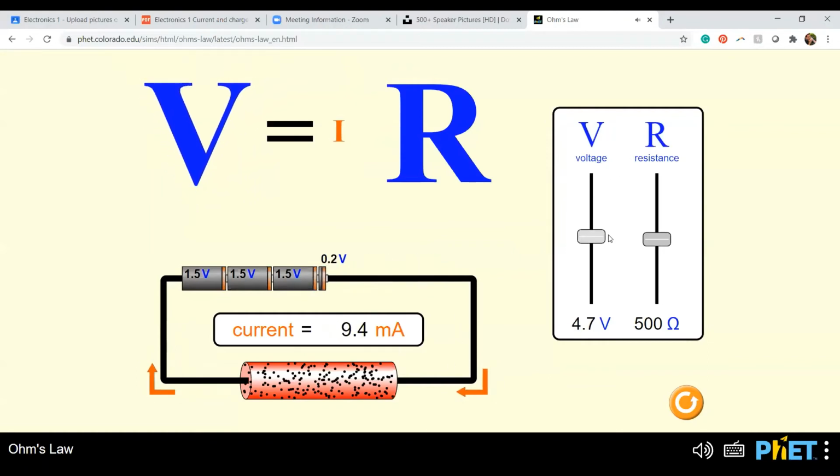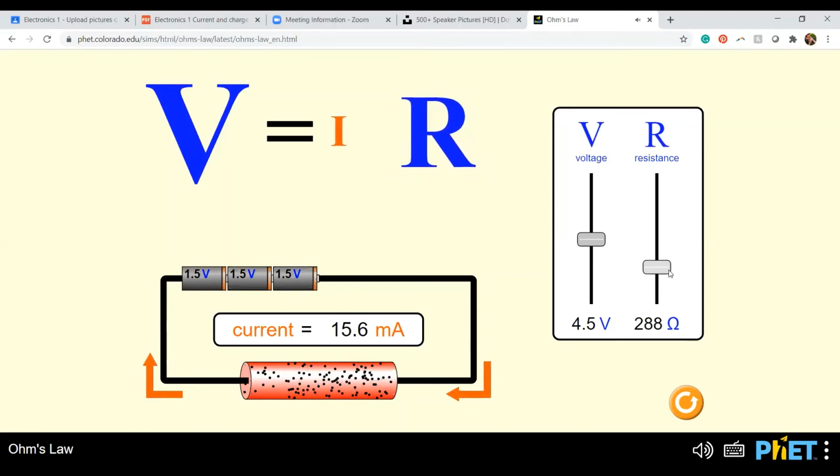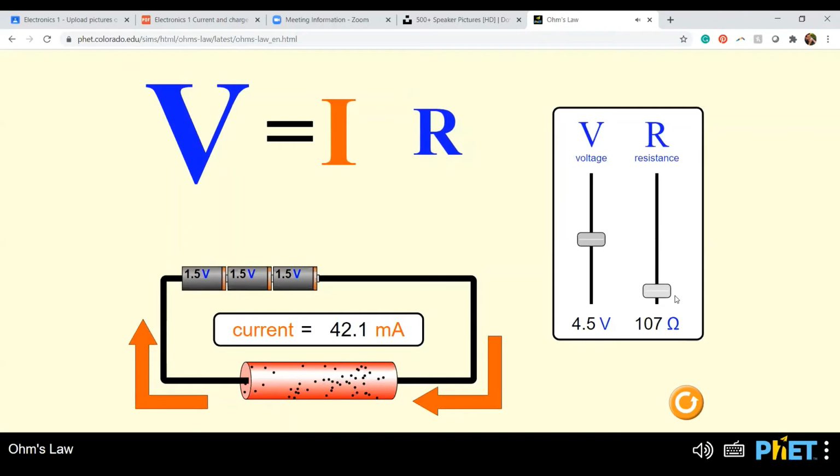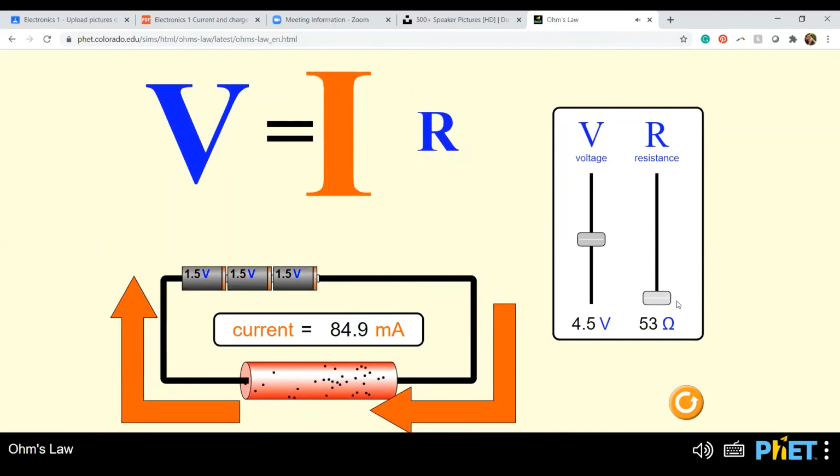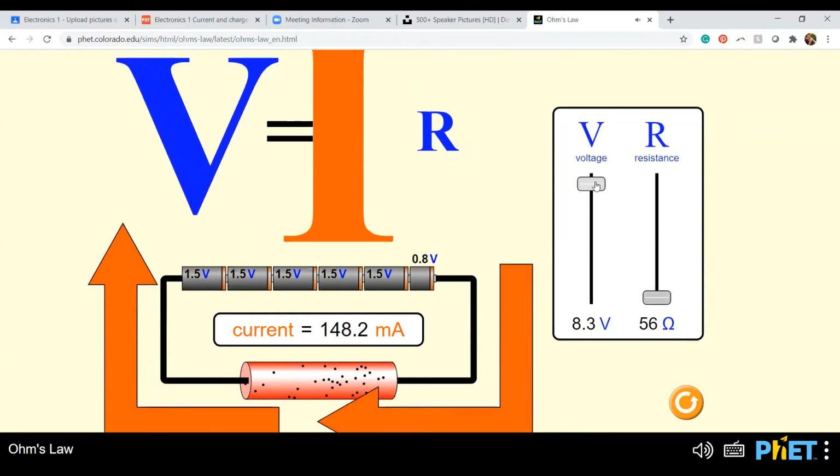Or instead, we could decrease the resistance, make it super easy for the electrons to go through the circuit. And you could do both, and that would make the current really, really large.